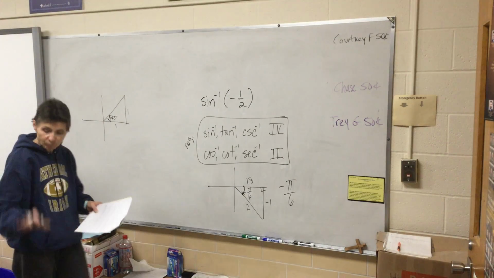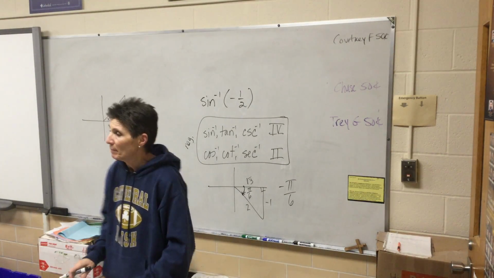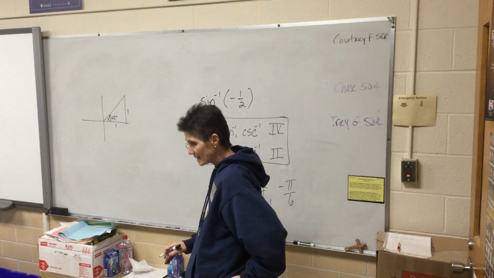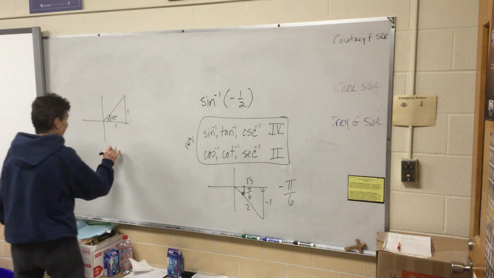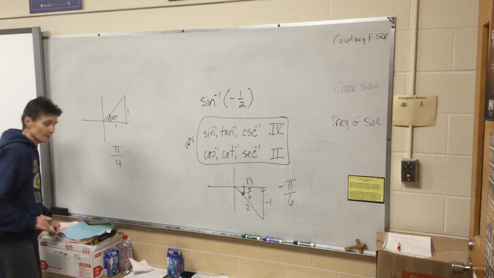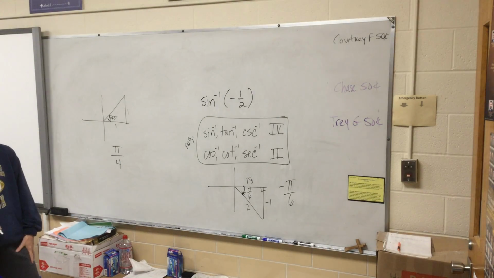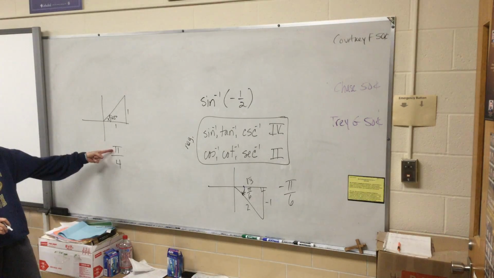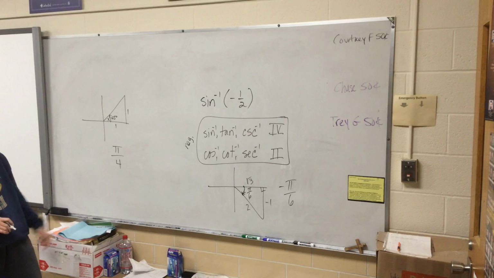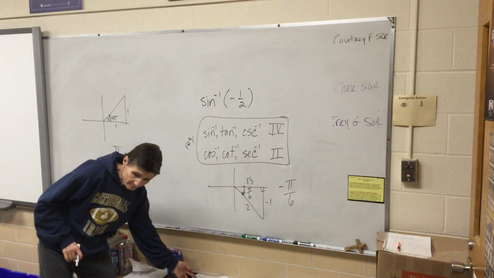My answer is 45 degrees. But I'm supposed to be answering in radians. So instead of 45 degrees, I'll say pi over 4, because 45 is a fourth of 180. 180 divided by 4. And that's it. That's all there is to it.